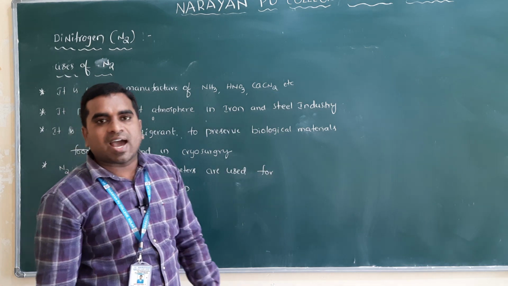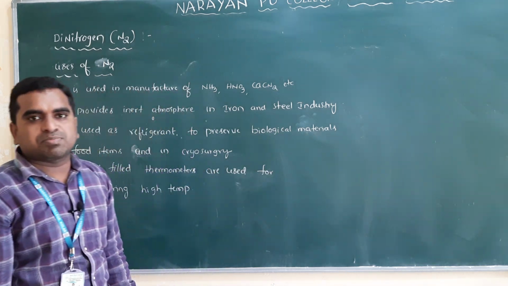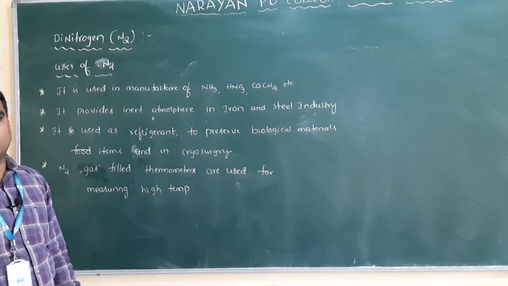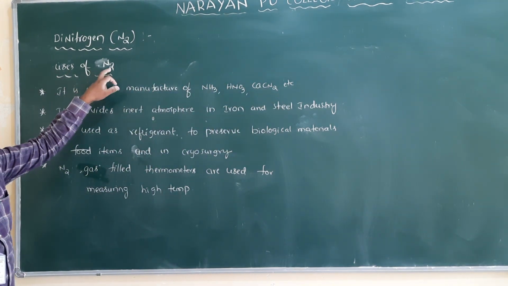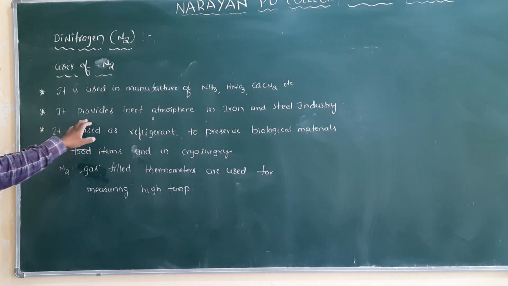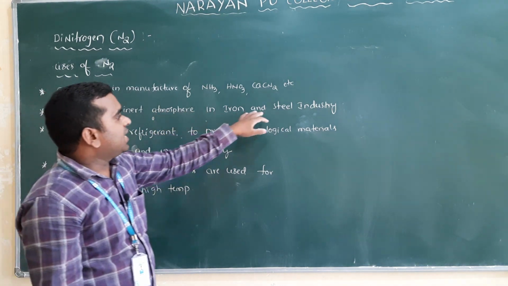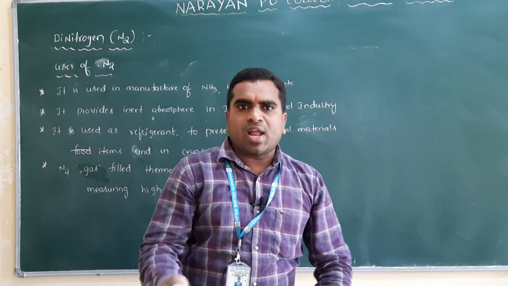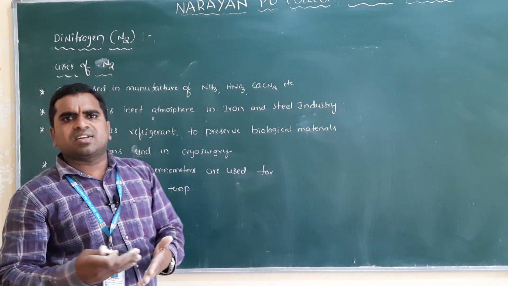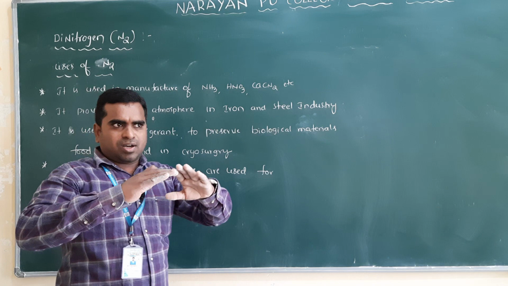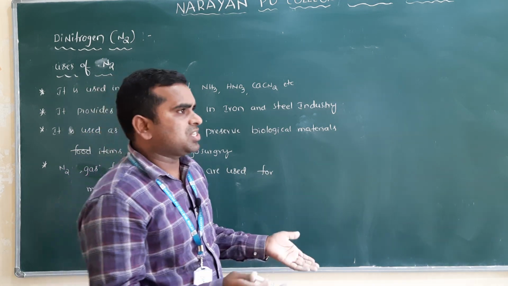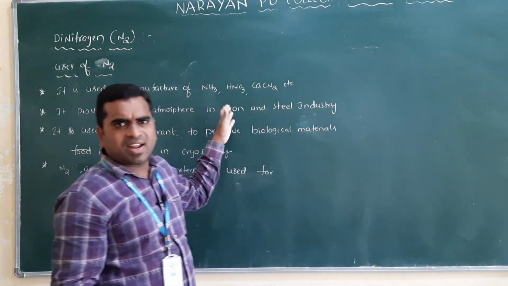And calcium cyanamide plus coke we call nitrolim, and all these compounds are mainly prepared from nitrogen. It also provides an inert atmosphere in the iron and steel industry. Clear? Nitrogen is inert at room temperature, so sometimes an inert atmosphere is required for the preparation of some metals like iron and steel.